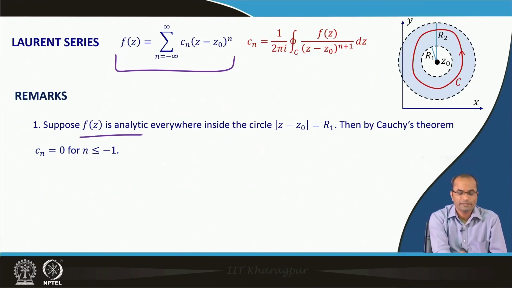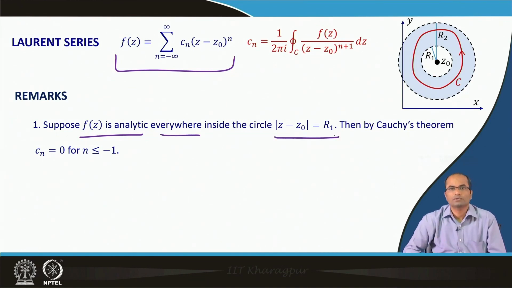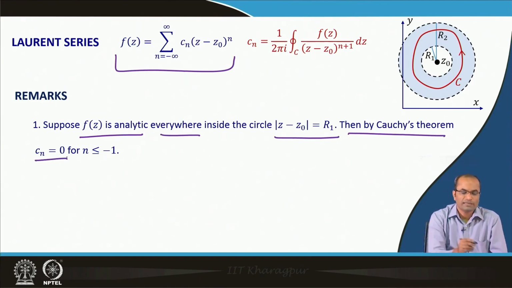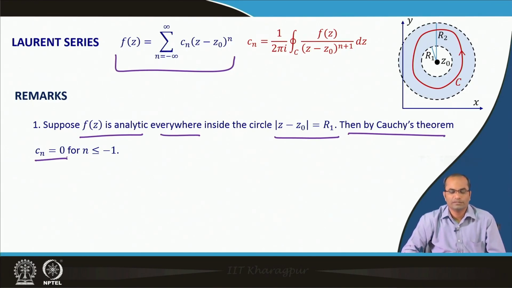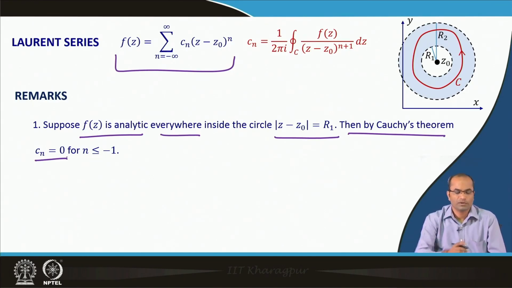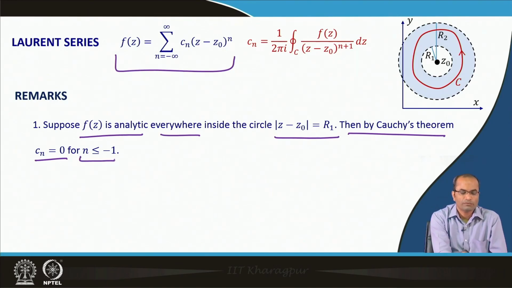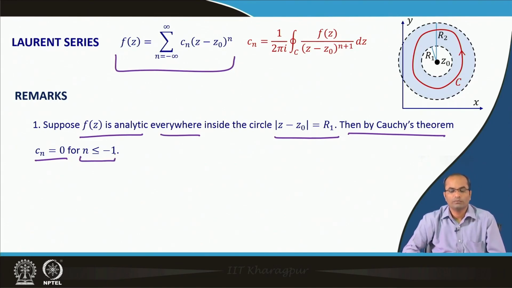If f(z) is analytic everywhere inside this circle whose radius is R1 and center is z1, then by the Cauchy theorem, all these Cn's, the coefficients of (z minus z0) to the power n, for n less than or equal to minus 1.